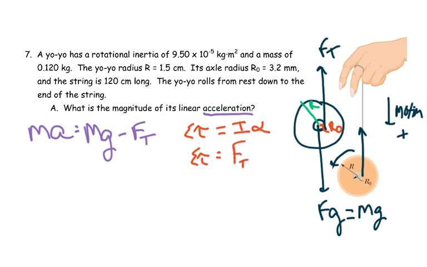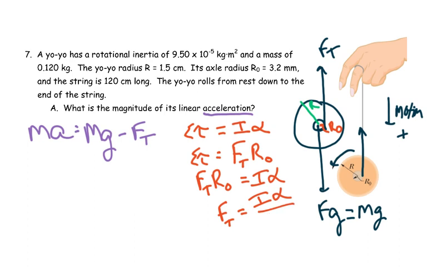So my tension times the radius, R naught, because that's where the string is. Okay, so that's the radius you have to use. All right, then I can combine these two together. So my tension times that radius equals the rotational inertia times the angular acceleration. So now I can divide both sides by that radius.